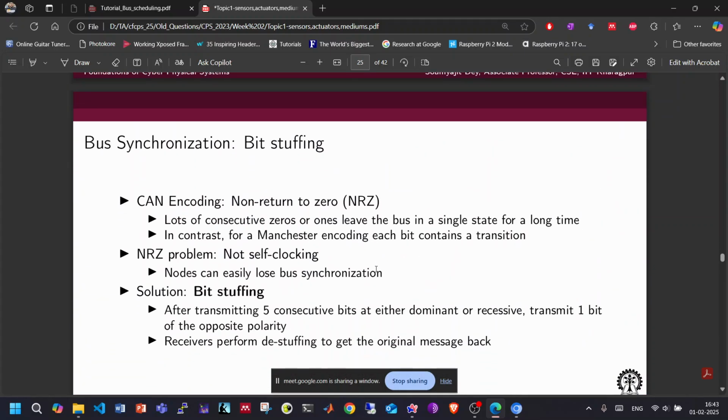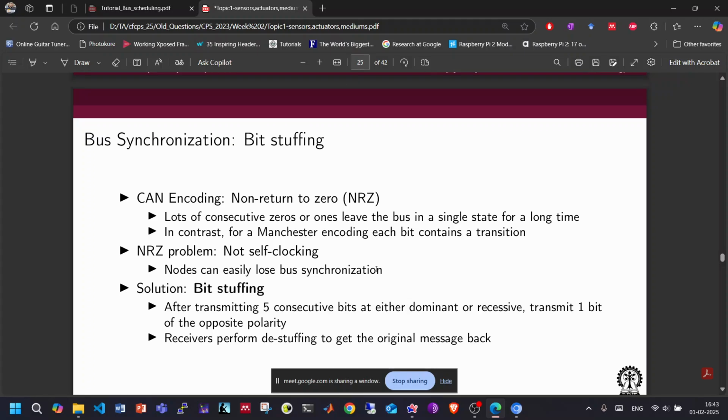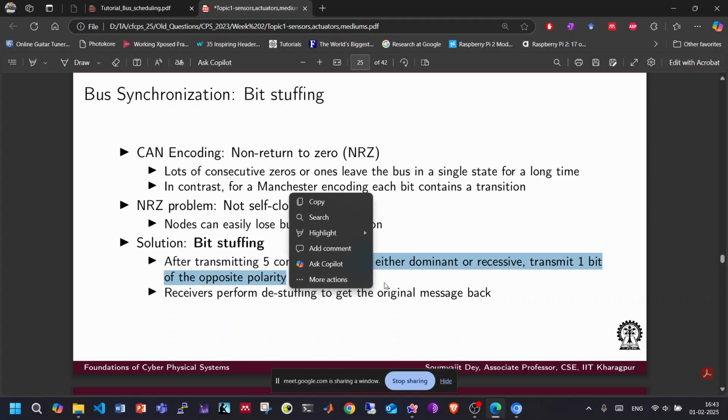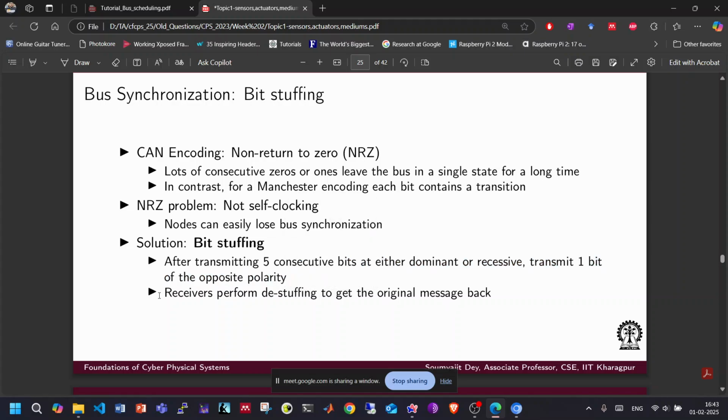So yeah, non-return to zero, as I told, is used with bit stuffing. After transmitting 5 consecutive bits at either dominant or recessive, transmit 1 bit of the opposite parity. This is what helps you understand if it is performing in a synchronous way or not.